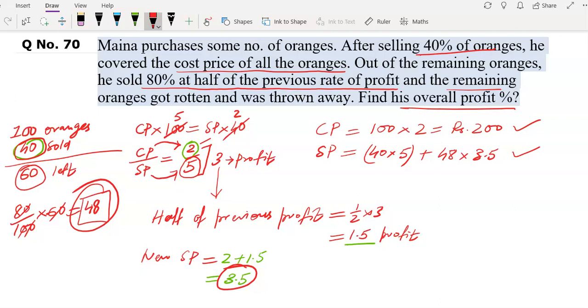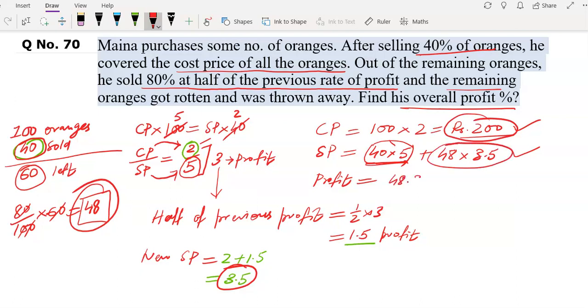Now our selling price is greater, so we need to find the profit. Our profit will be how much? Selling price minus CP. Now you see our cost price is 200, and if you multiply 40 into 5, this will also give us 200. So 200 and 200 will cancel out and we are left with this much, and this is our profit.